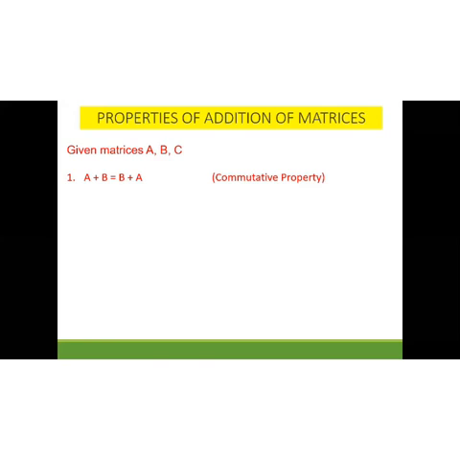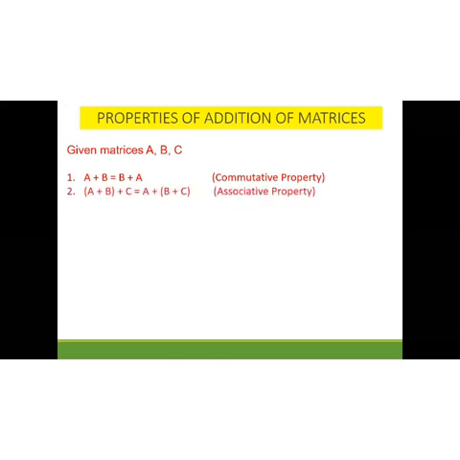Now, the commutative property spreads across so many topics in mathematics, but this is what it means. You can test this out with two matrices of the same order and check if A plus B actually gives you B plus A. Now let's see another one.